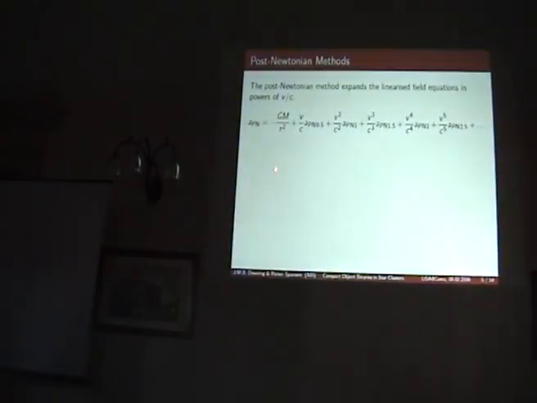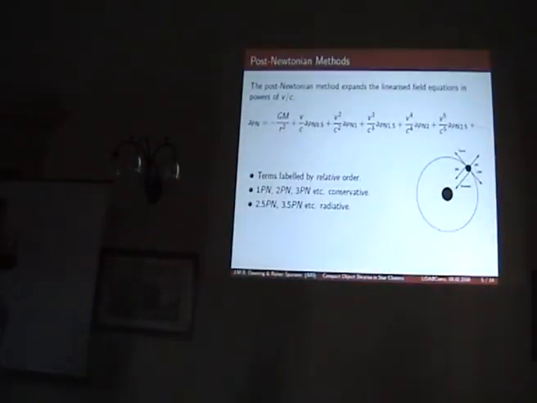Certain of these terms vanish automatically, this one and this one in particular. And so then you're basically left with a post-Newtonian expansion, which is labeled in the relative orders. So there's your Newtonian, there's your first term that has a contribution, there's your second term that has a contribution, there's your third term that has a contribution. At present, we have up to 2.5 PN included.